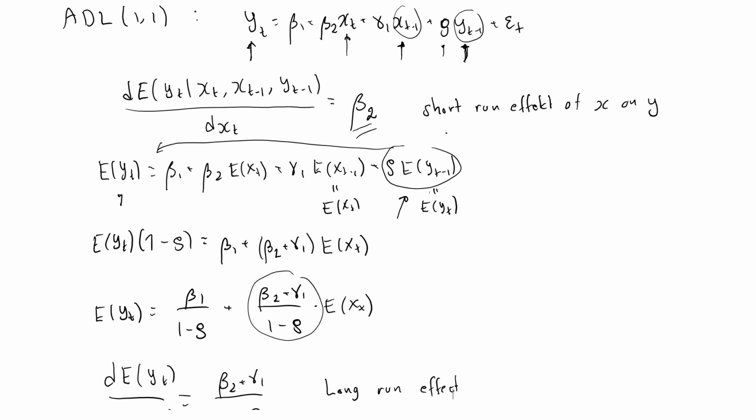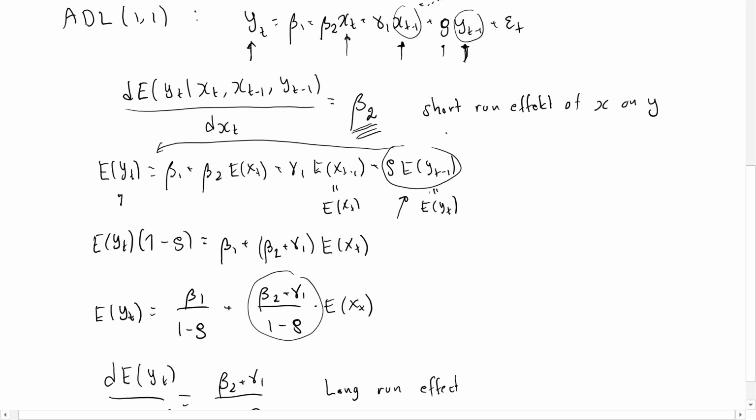Similarly to the generalization of the ADL 0,1 to the 0,q, it's pretty straightforward to generalize the ADL 1,1 to 1,q. Basically, to go to 1,q, I need to attach more lagged x variables here, a gamma 2 xt minus 2, and so on. That will not change the short run effect.